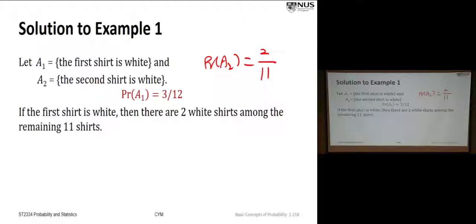No. Hey, think of it. This 2 over 11 is only valid if the first shirt that you select is a white shirt. What happens if the first shirt is a non-white shirt? You have 11 shirts left, but you still have 3 white shirts among these 11. So the probability is different. So, which one is correct?